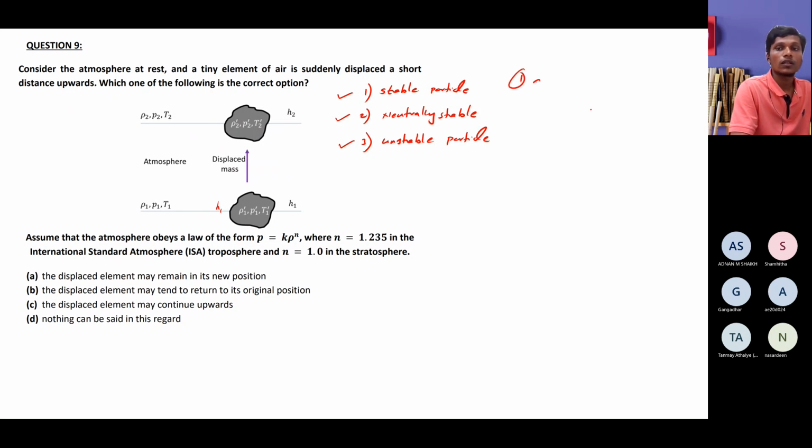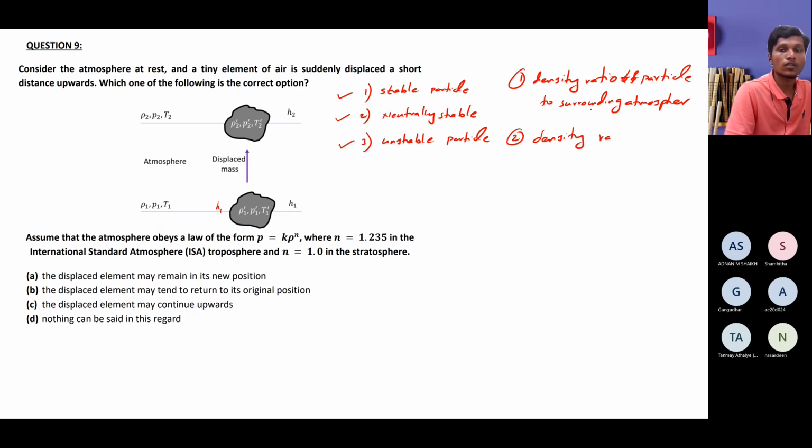One is the density ratio of the particle to the surrounding atmosphere, and the second one, no, it's not a density ratio, it's a lapse rate definition. Let me erase it.